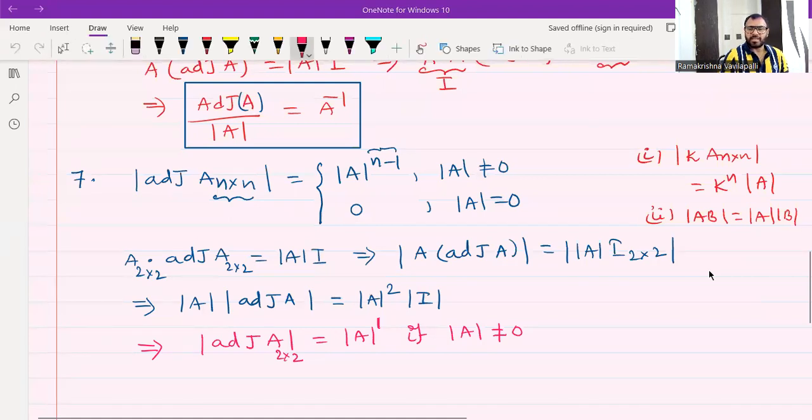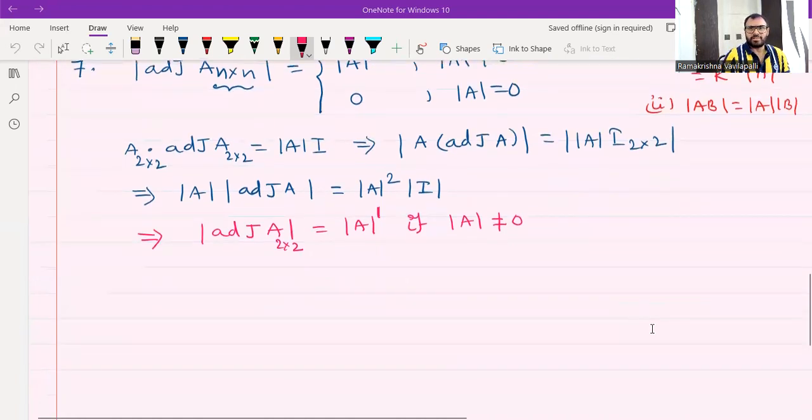So if we take 3 by 3 matrix, then also proof is similar to this only.